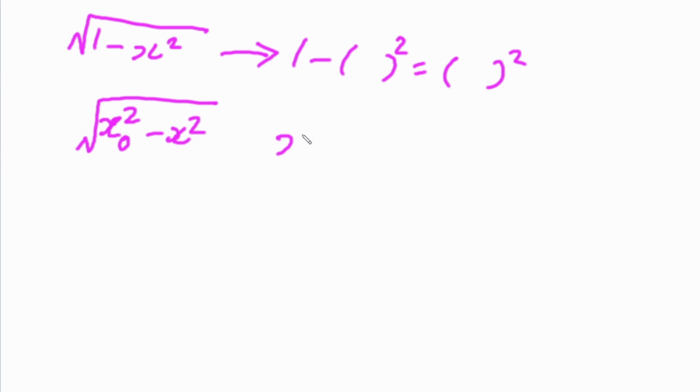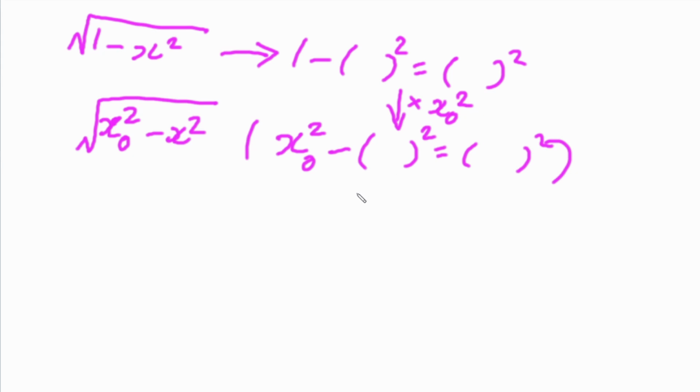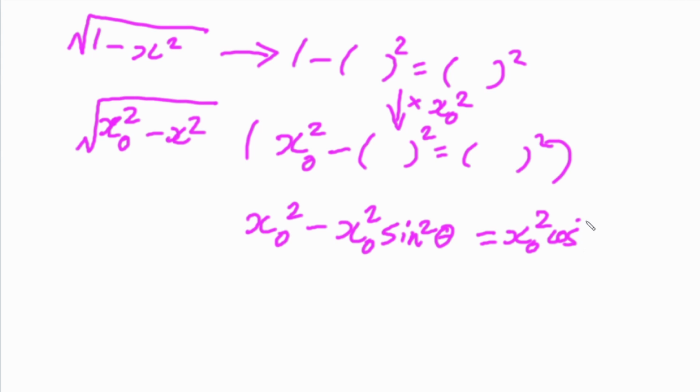So we want a scenario where x0 squared minus a trig thing squared is equal to a trig thing squared. It seems like this equation is a scaled up version of this equation. So what if it was x0 squared minus x0 squared sine squared theta was equal to x0 squared cos squared theta? Well, this is exactly the kind of trig substitution that we're going to use here.